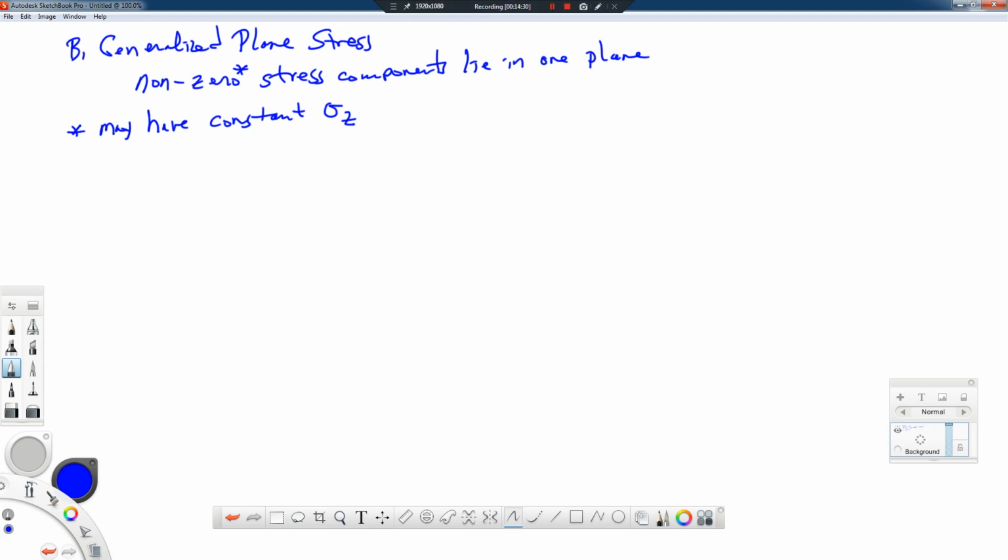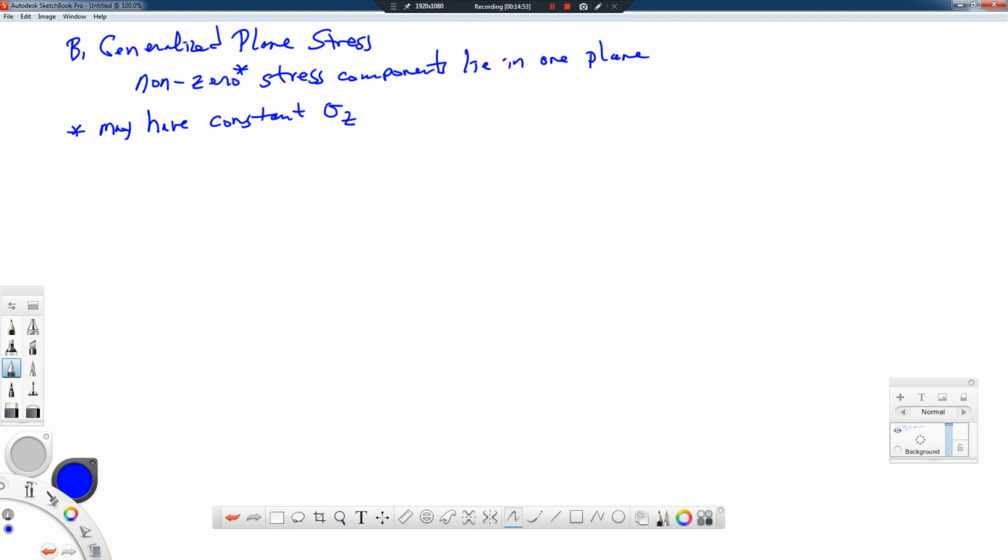So generalized plane stress is kind of analogous to generalized plane strain. In this case, though, our non-zero stress components lie in one plane. And I'll put a little asterisk by that. Typically, this plane is the x and y plane where we have our non-zero stress components, but we might have a constant stress sigma z.